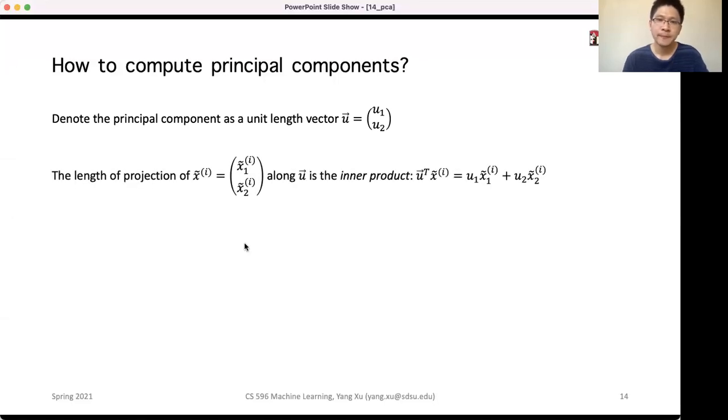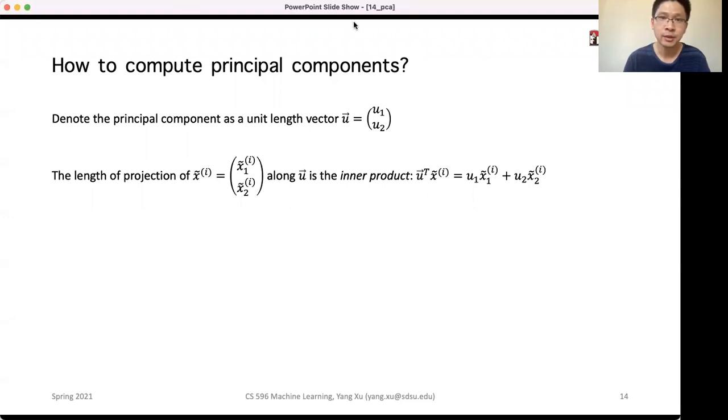Assume that's the length of our projection, right? Because it's two-dimensional, so we can use these two element vector x tilde i, which is the original data, right?